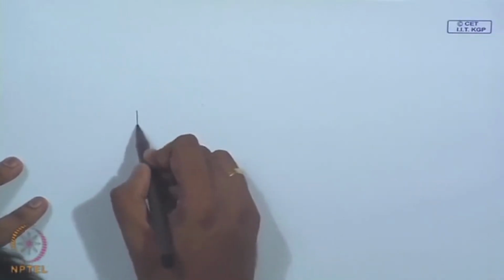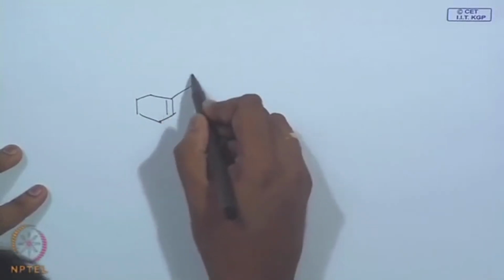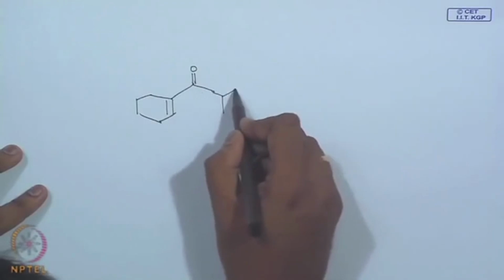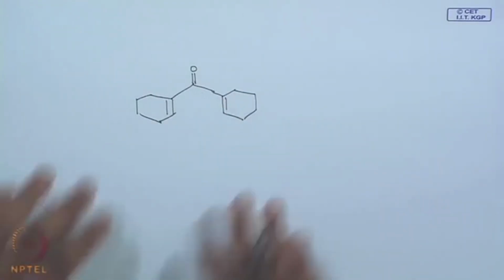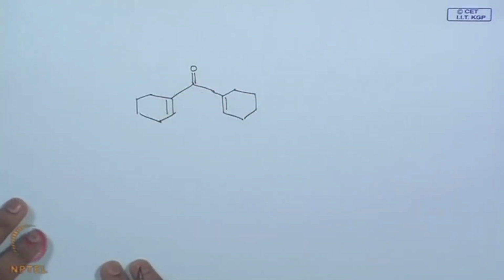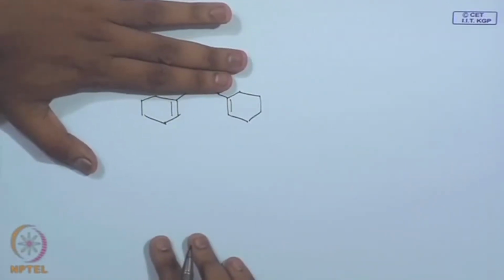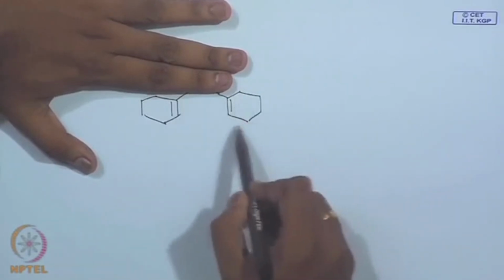What you do, we will take a simple molecule. So, I have taken a system, 2-cyclohexene here connected by a ketone. Okay. So, if I close this one, again what happens? It is nothing but again a 4n system, right.